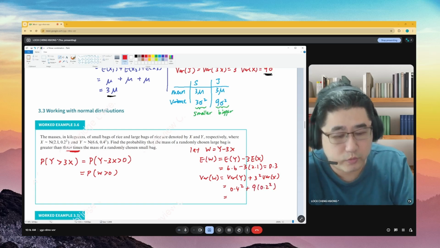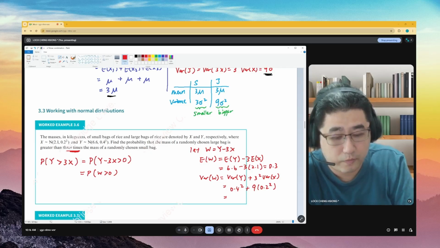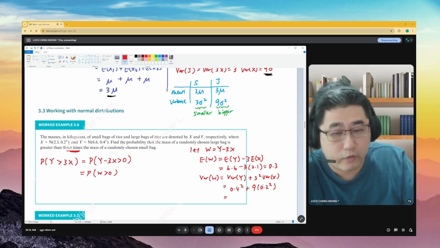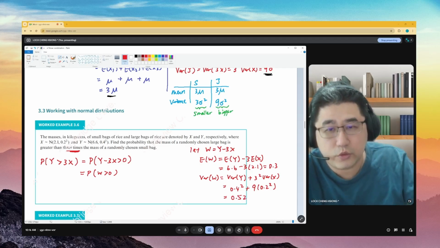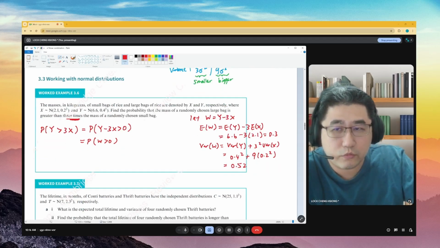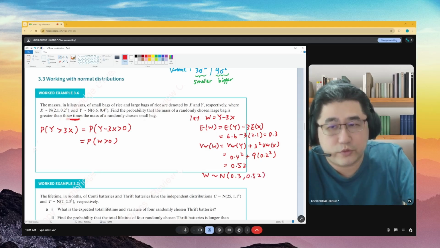Let's see what we got. So I have 0.52. From this information, I know that w is normally distributed with mean 0.3 and variance 0.52.